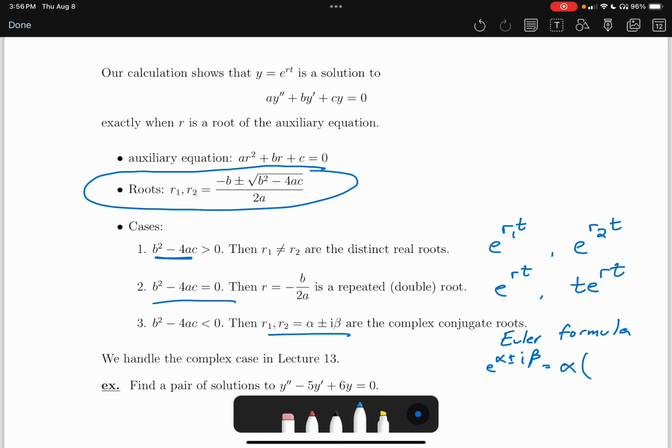I shouldn't do this off the top of my head, so you definitely want to look that up. But basically, you're going to use Euler's formula to convert it with cosine and sine. That's not the focus here, so let's just erase this for now.